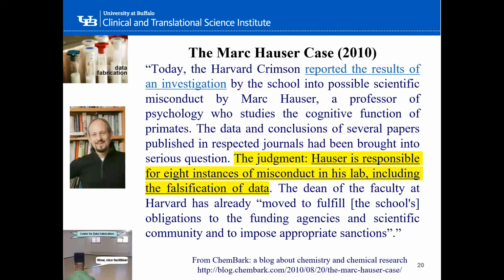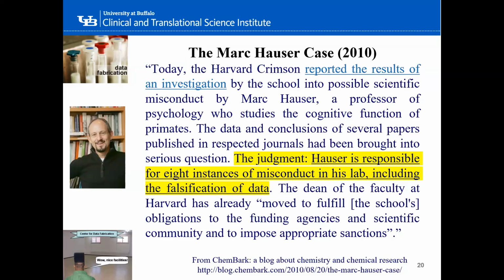So here's a case from Harvard University. It's a very famous guy, Mark Hauser. He's a professor of psychology, studies cognitive function in primates. Turns out that the data and the conclusions of several publications in highly respected journals had been brought into serious question by reviewers.